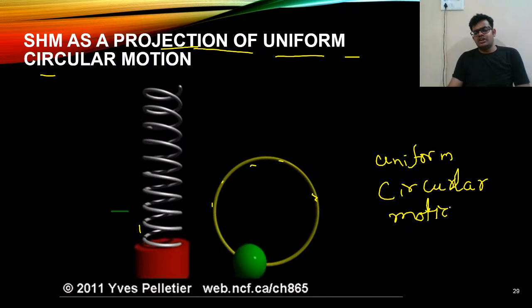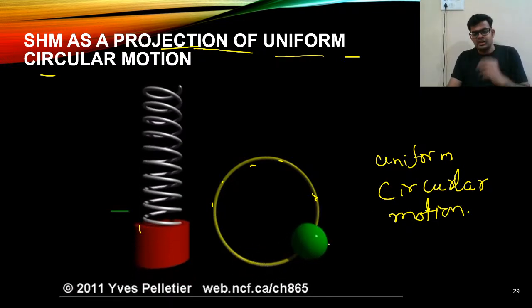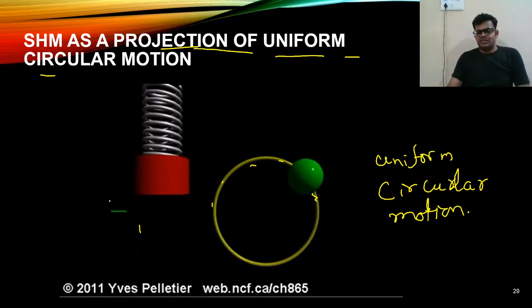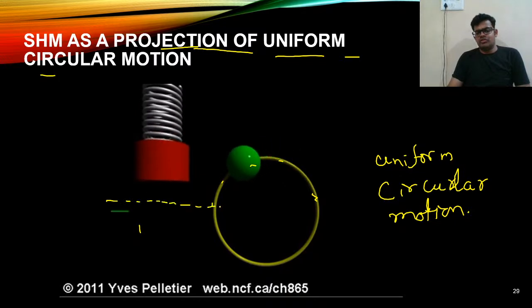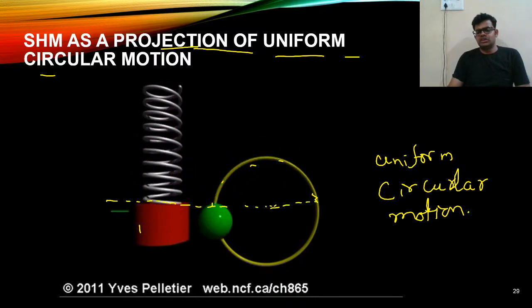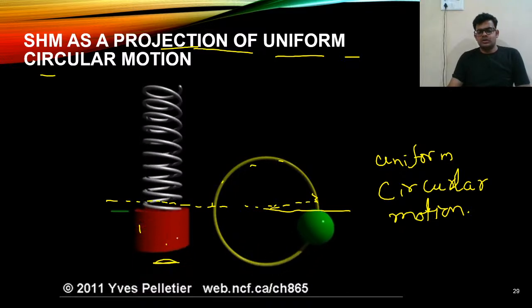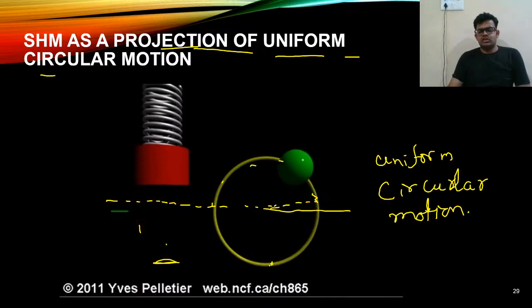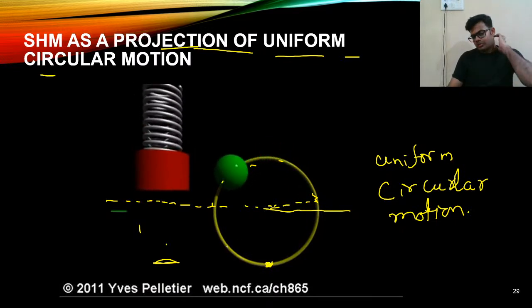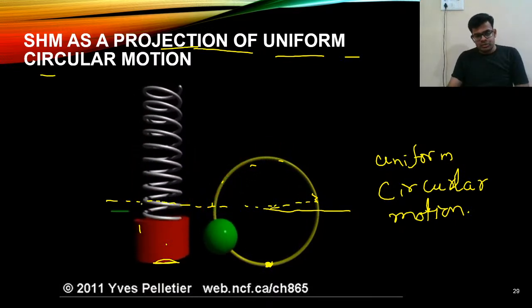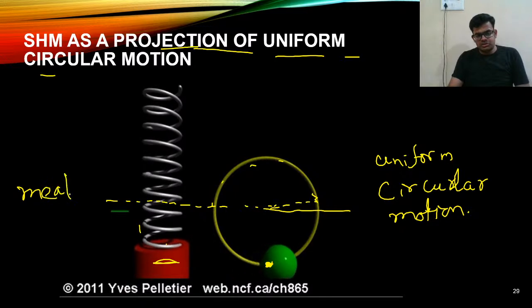So particle is having uniform circular motion like this. If I want to compare it with SHM of a particle, so you can see there is a spring block system. So when this block goes downward, then this particle will also come downward. You can see this is mean position.